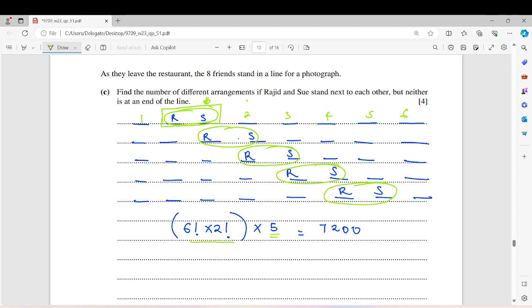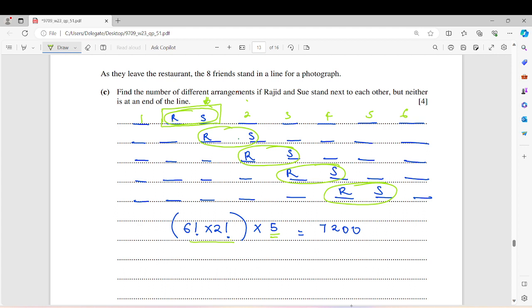You first put them together and see how the rest can be arranged. So if R and S are there, the rest of the people can be arranged in 6 factorial ways. But then R and S, we can have Rajid and Sue, or Sue and Rajid. That's why we say times 2 factorial.